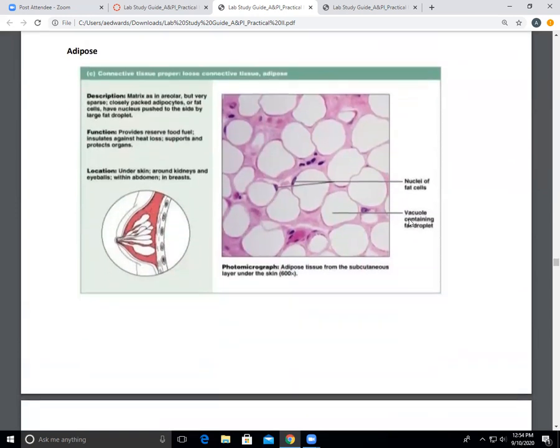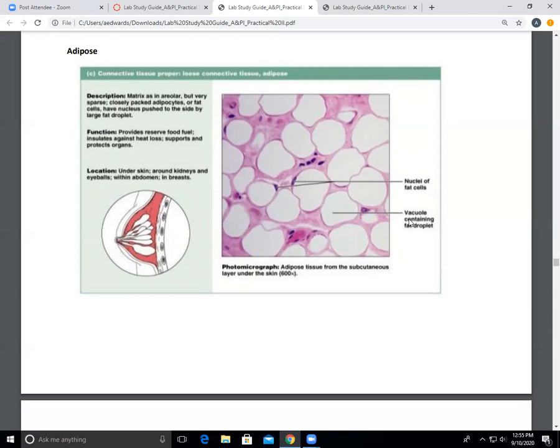Another loose connective tissue is adipose tissue. Adipose is a fancy anatomy word for fat. These are fat cells. You'll see these under the skin, around kidneys and eyeballs, your abdomen, okay, breast area.